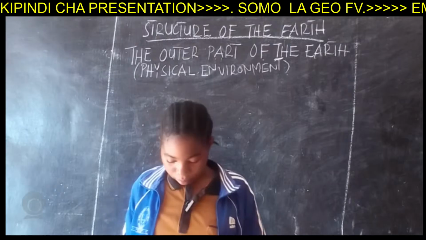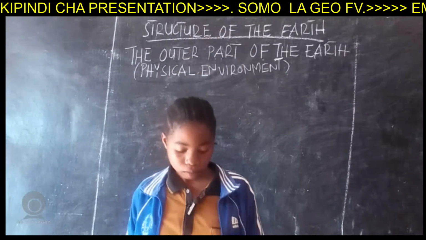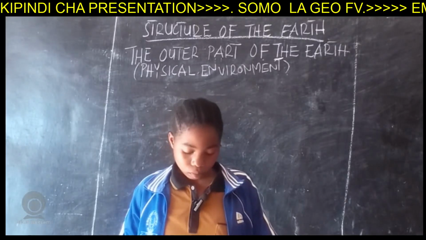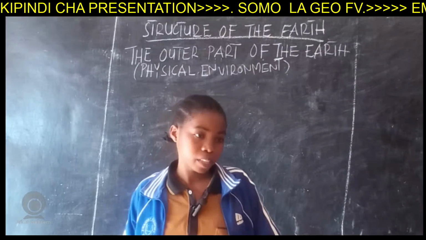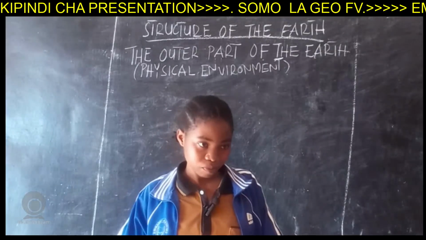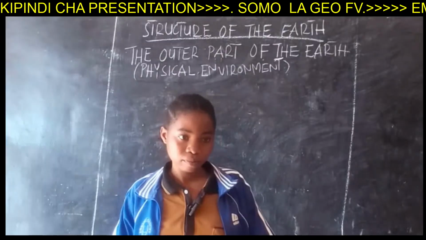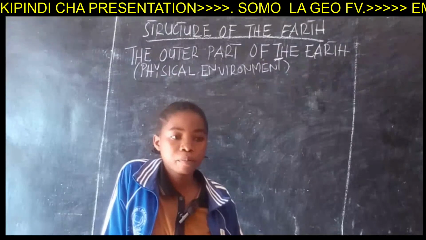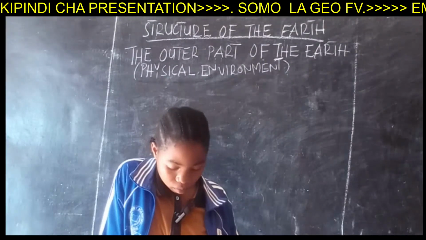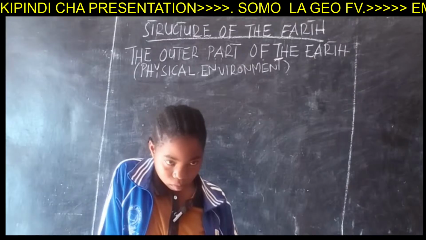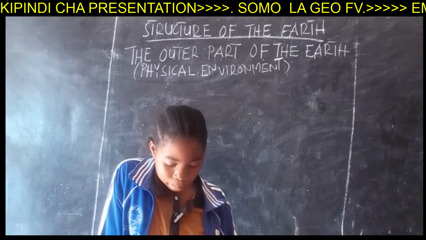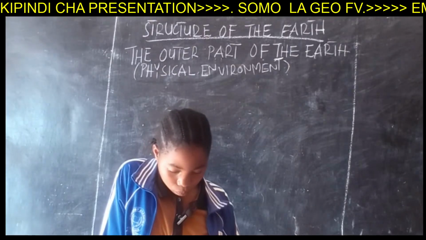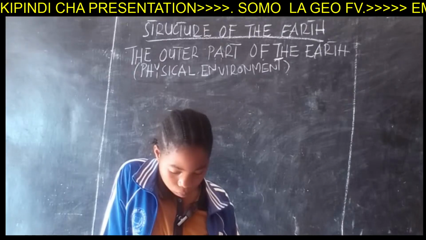Layers of the homosphere: number one, troposphere, and stratosphere. Okay. What is lithosphere?